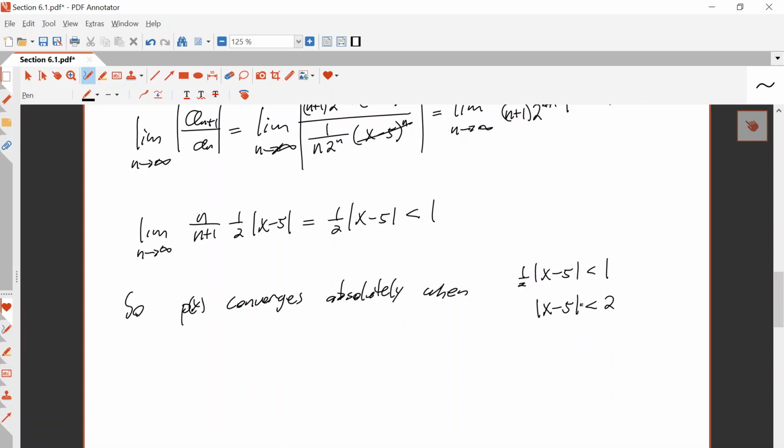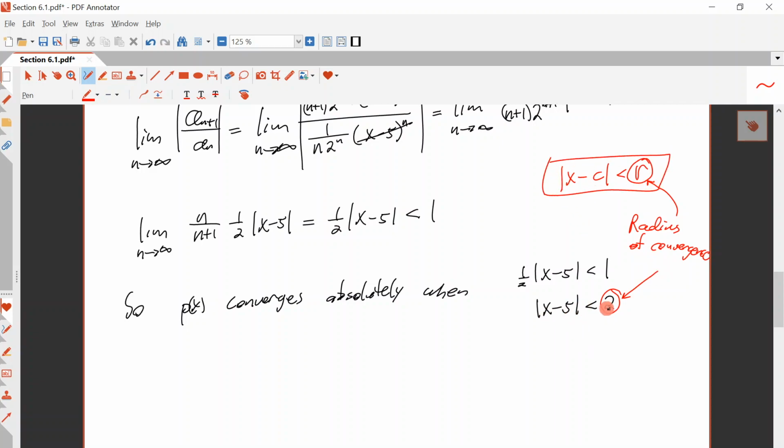So this number here is known as the radius of convergence. Whenever you have absolute value x minus the center less than r, that number r is the radius of convergence.